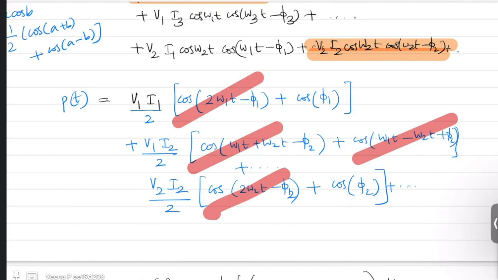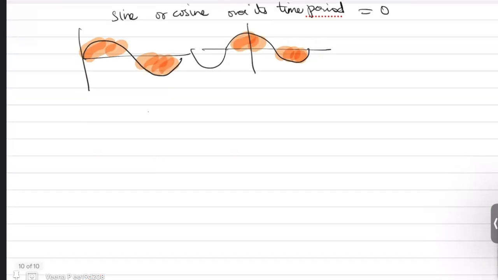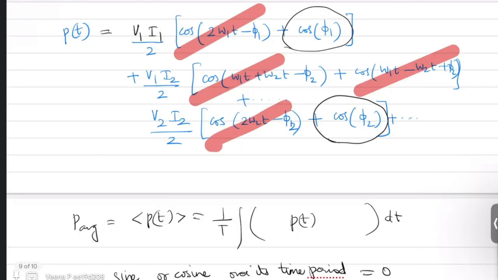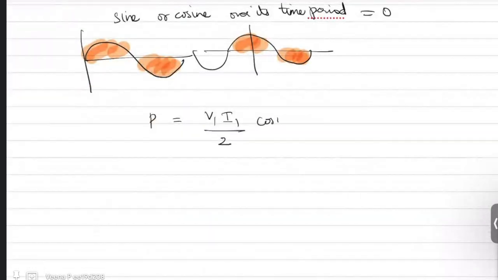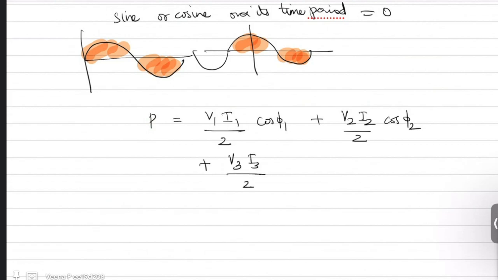That means if you observe, the similar frequency terms will have their phase difference term, so only those phase difference terms exist in the average power. That means your average power will have V1 I1 by 2 cos phi 1 plus V2 I2 by 2 cos phi 2 plus V3 I3 by 2 cos phi 3 plus so on.